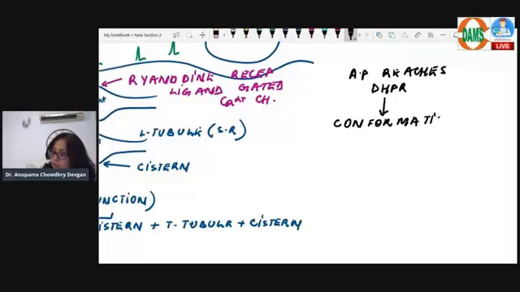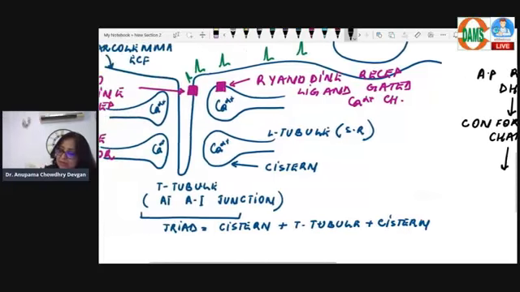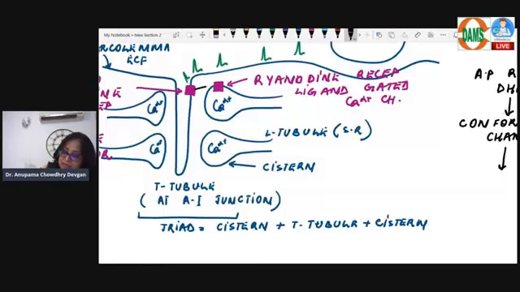There is a conformational change in the dihydropyridine receptor. It is a voltage sensor. Now, between the dihydropyridine receptor and the ryanodine receptor, there is a physical interaction, a molecular connection.